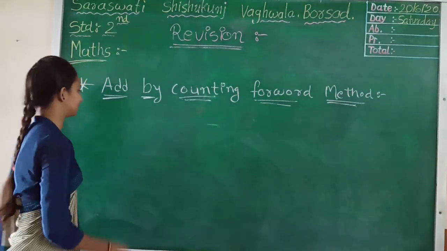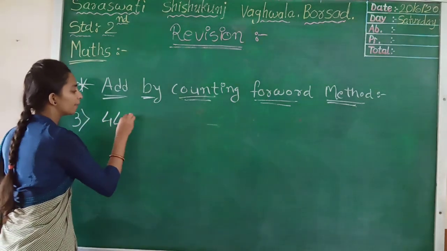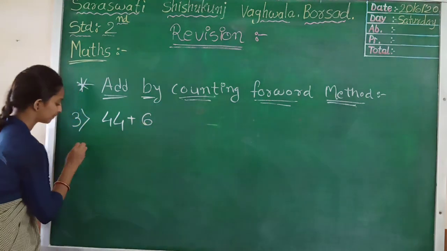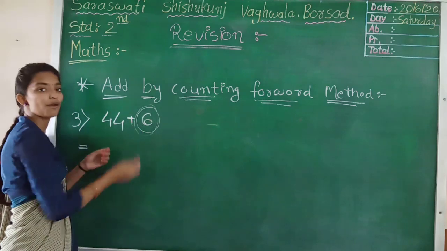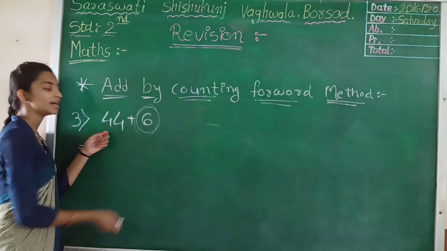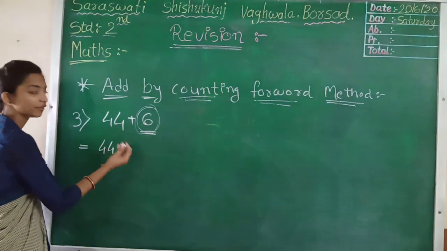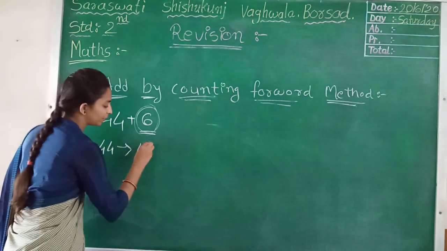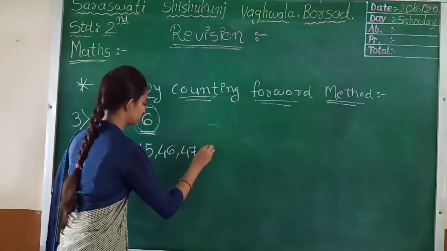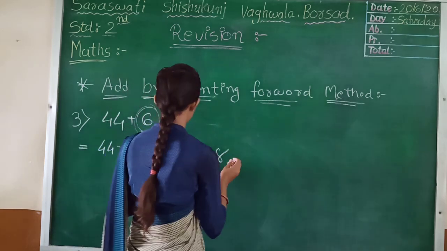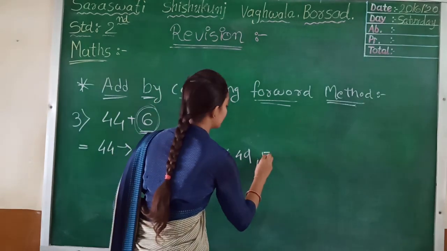Let's see another example. Third example. 44 plus 6. So what do we have to do? How many numbers do we have to add in 44? 6. So let's add. After 44, which number comes? 45, 46, 47, 48, 49 and 50.